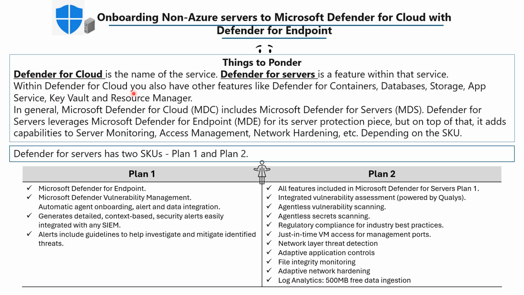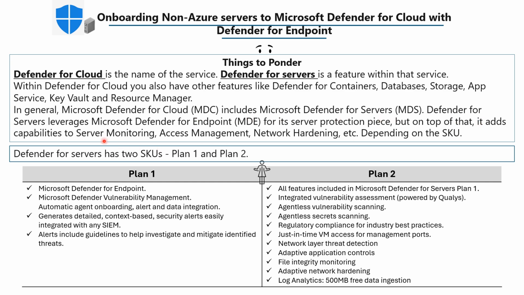Within Defender for Cloud, you also have features like Defender for Container, Database, Storage, App Service, Key Vault, and Resource Manager. In general, Microsoft Defender for Cloud includes Defender for Server.